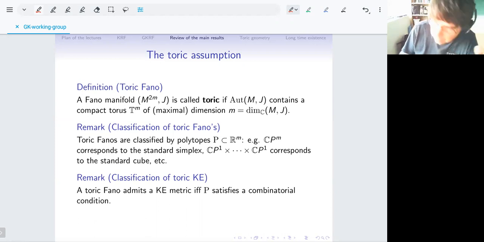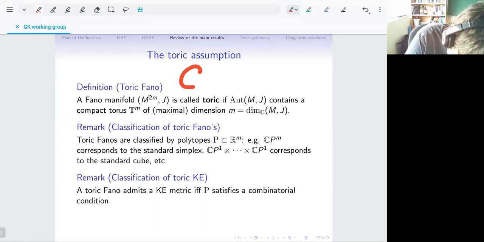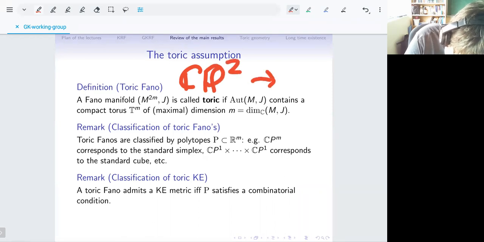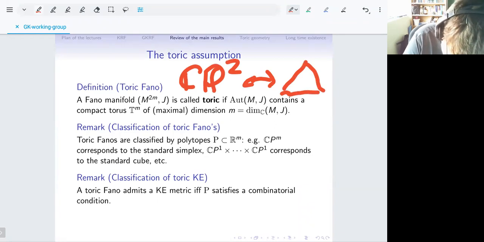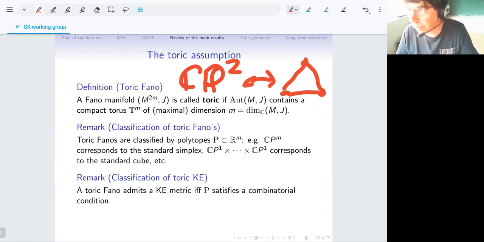There are many examples. But the main point of toric geometry is that there is a very nice way to describe and classify these objects: they are classified by the Delzant polytope. There is this very beautiful theory. I will review it briefly, but if you take CP2, for instance, it will be classified by a polytope in R2, just a symmetric triangle, the standard simplex.